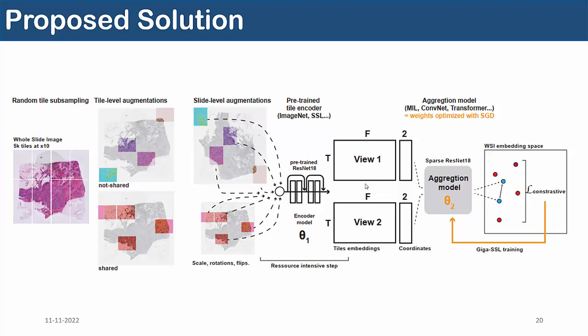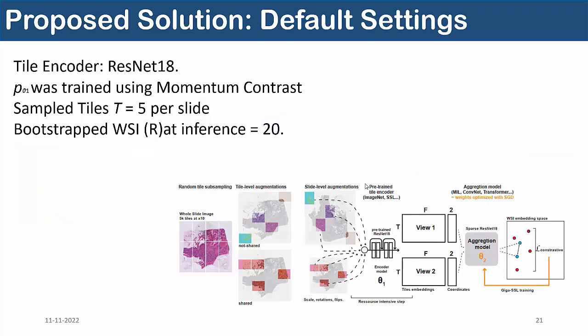You can apply any of the algorithms with the weights optimized with SGD that would result in some data points, which can then be calculated through the loss function using any contrastive learning mechanism, which could be SimCLR or MoCo. For this paper, they have used MoCo and they have used ResNet 18. And they have sampled slides of T equals 5 per slide, and then there is this bootstrap that I'll discuss later on.